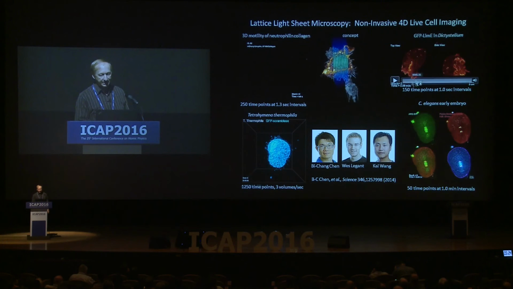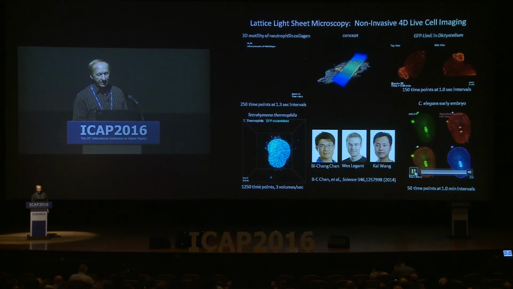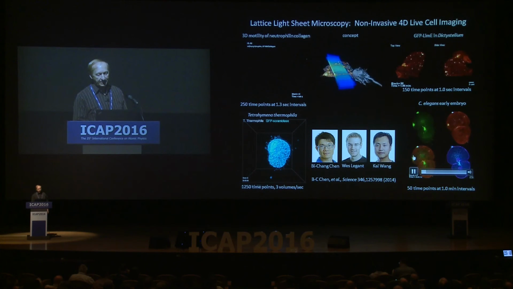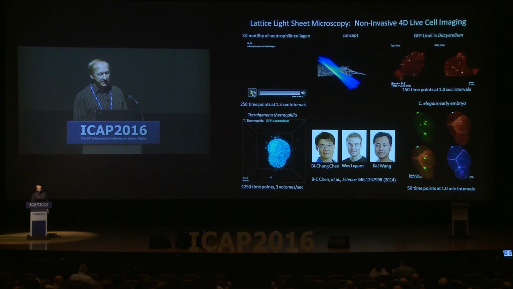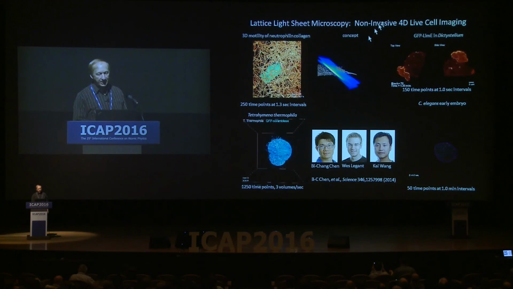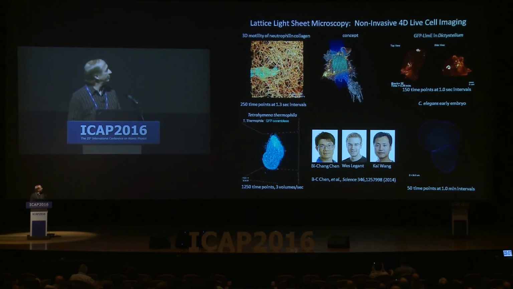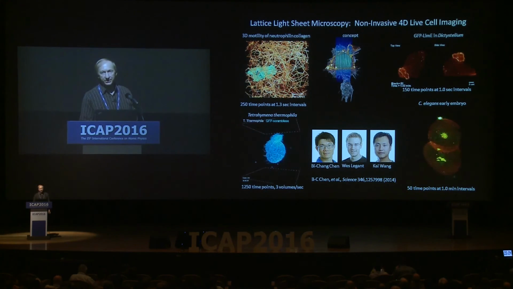The nice thing is the phototoxicity was so low, you can actually watch biological systems in time, in 3D, without them dying from the intense illumination. So this is essentially very good, pristine 4D illumination.